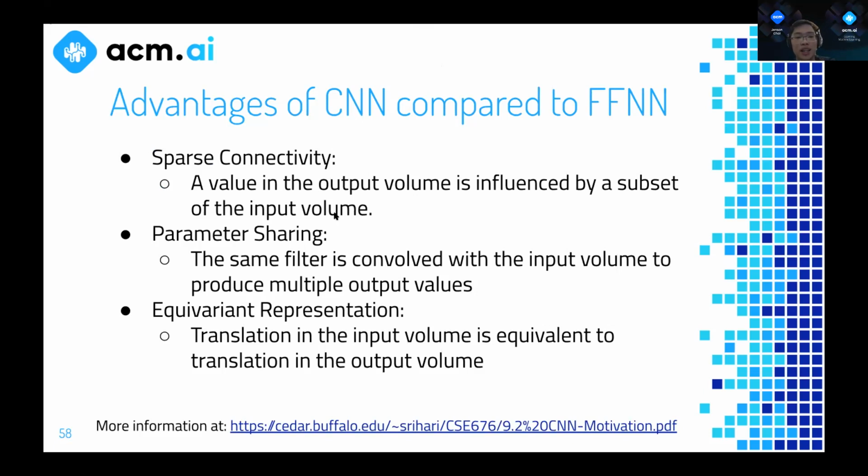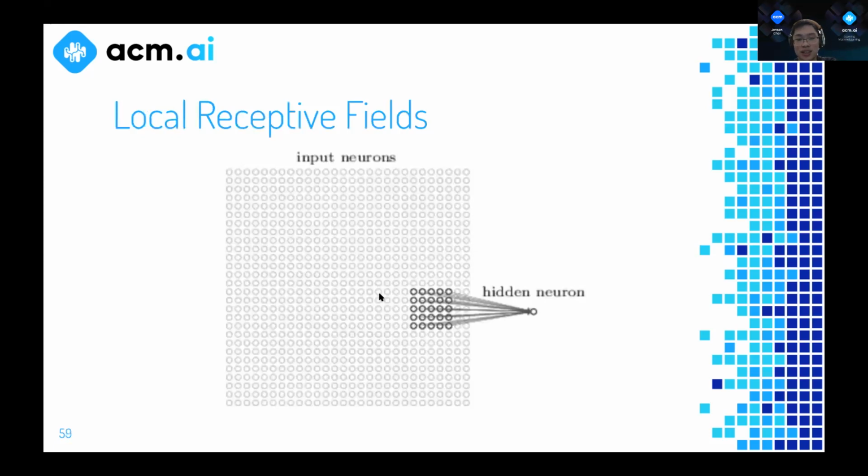What I mean by that is the value in the output volume of our convolutional layer is influenced by a subset of the input volume. Let's revisit this example here. As you can see, this neuron is only influenced by the input neurons in this local receptive field, which is determined by the size of our filter.